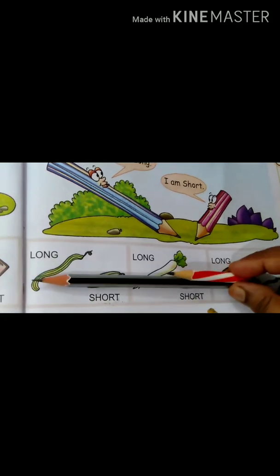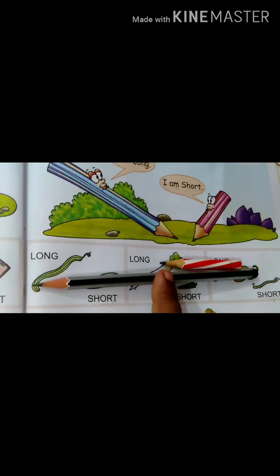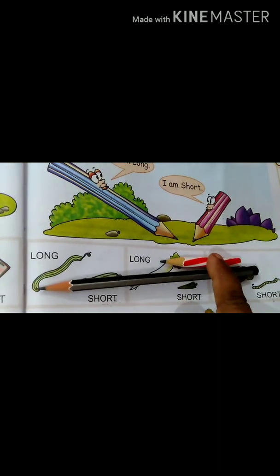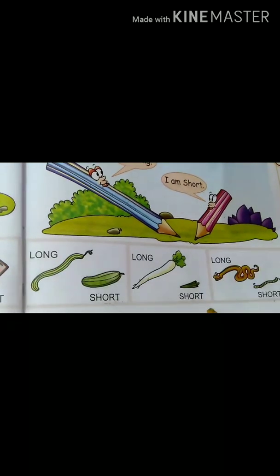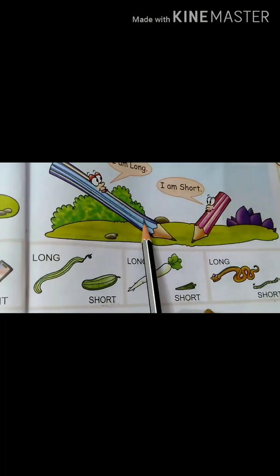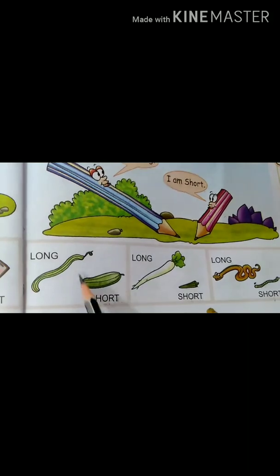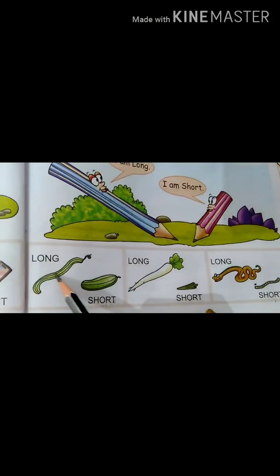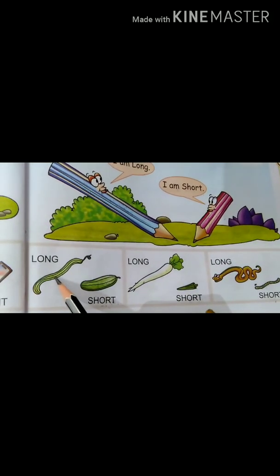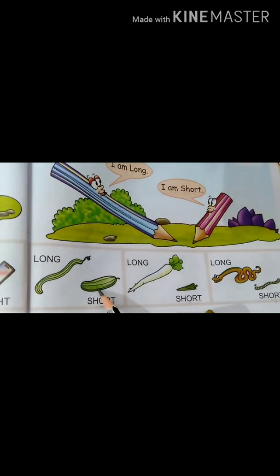Now see, this pencil is long and this pencil is short. Some pictures are here. What is this children? This is cucumber. And what is this? Sponge gourd.